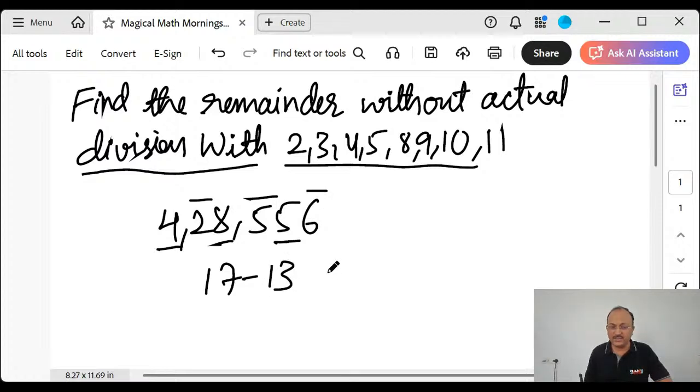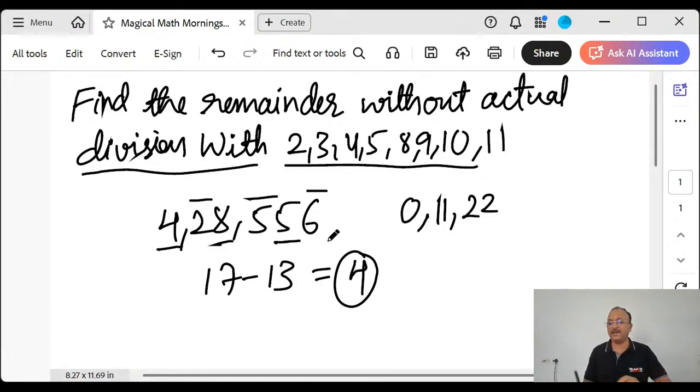The difference is what? 17 minus 13, 4. Now we know that this is not divisible because the difference is not 0 or 11 or multiples of 11, but whatever the difference comes, this itself is the remainder. Finally, 4 will be the remainder.